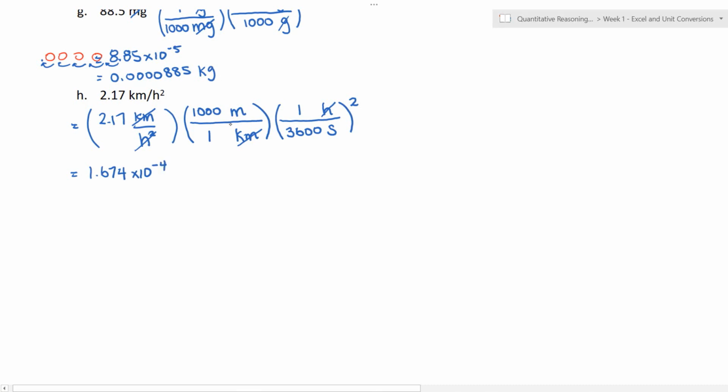And the units now are meters, because that's the unit in the numerator, per, and in the denominator we have seconds squared. If I don't like to see times 10 to the negative 4, or maybe your calculator doesn't show that, you can just move the decimal place to the left 4 units, and you'll be left with 0.0001674 meters per second squared.